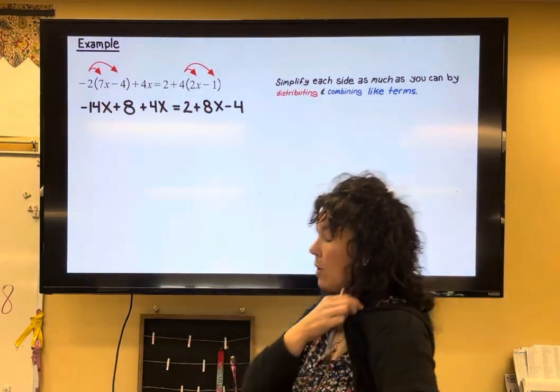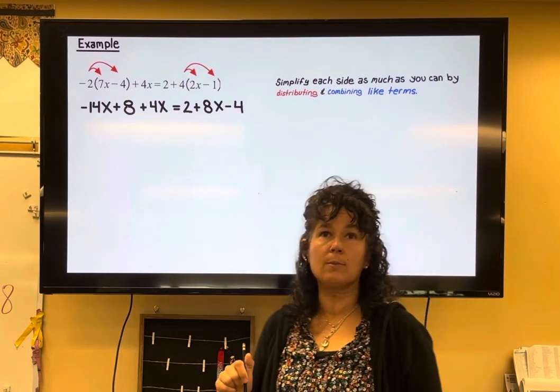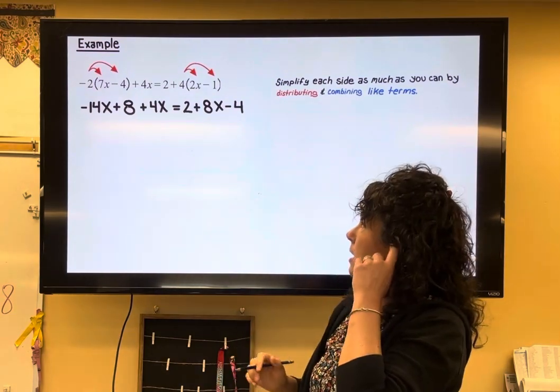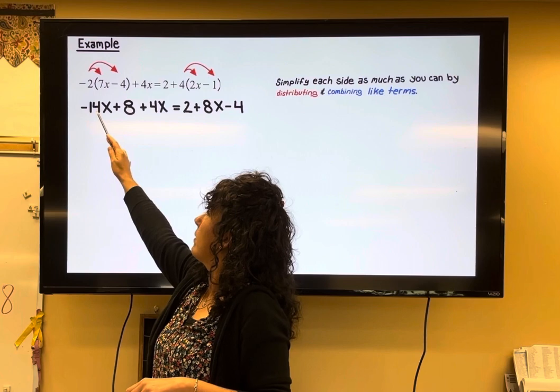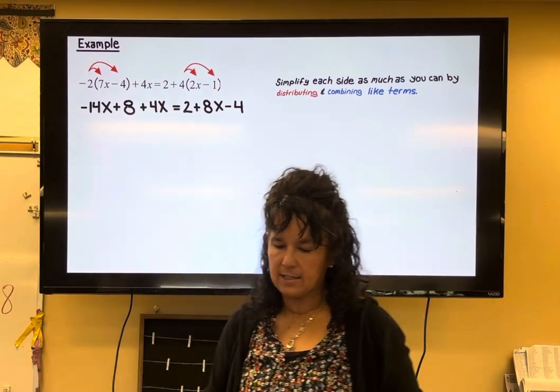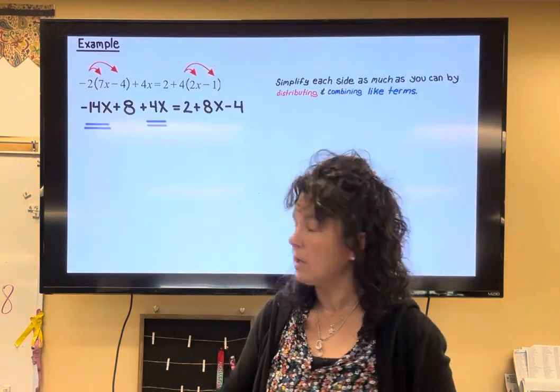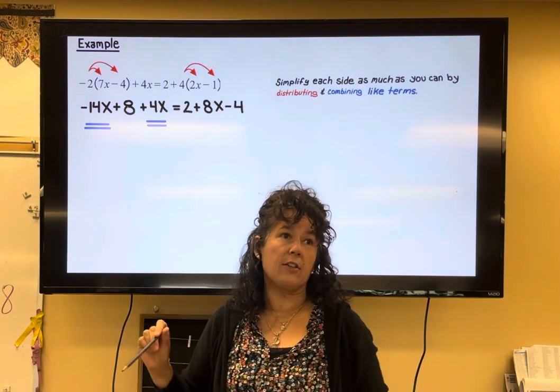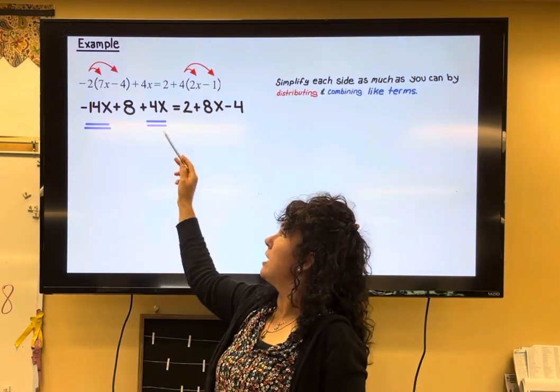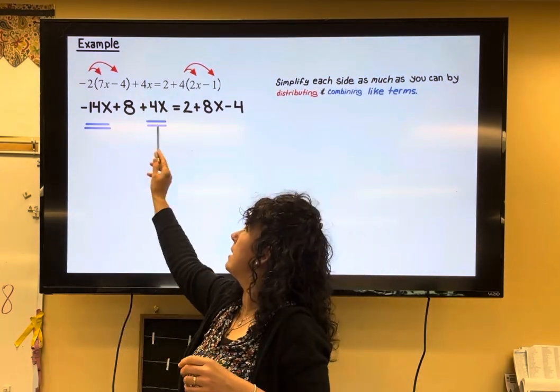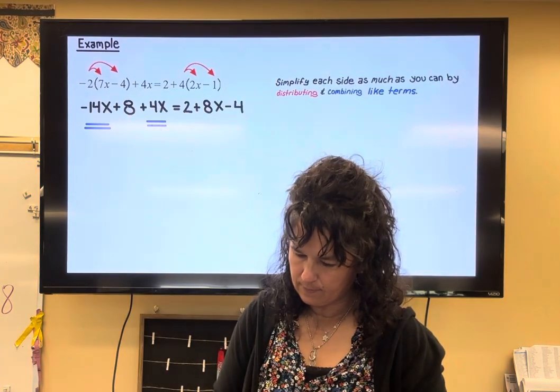Okay, next we're going to go ahead and combine the like terms. That's the addition subtraction. And on the left-hand side, we have negative 14x's and 4x's. So if we put those together, if you owe 14 and you have 4, you owe 10. It's negative 10x's.